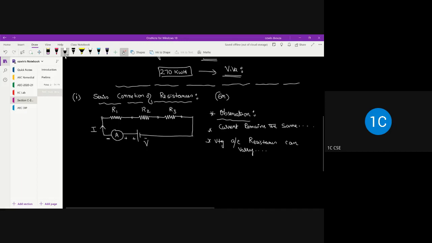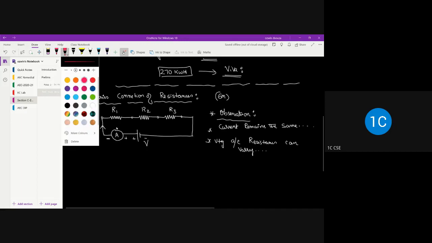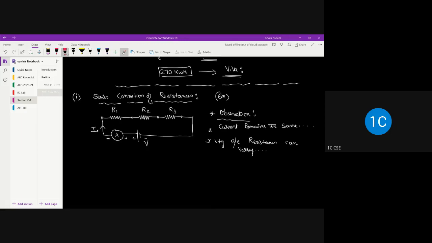Now let us mark the voltage. When the current I flows through R1, the corresponding voltage, let us mark it as V1. Similarly, when the current I flows through R2, the terminal voltage that appears across R2, let's take it as V2. Similarly, when I flows through R3, the terminal voltage, let us consider it as V3.